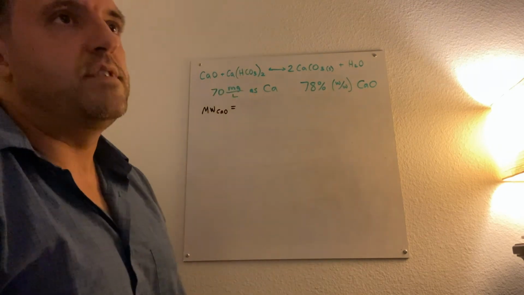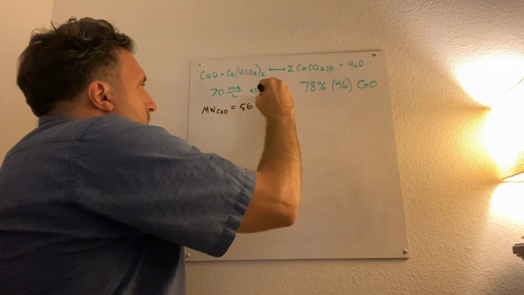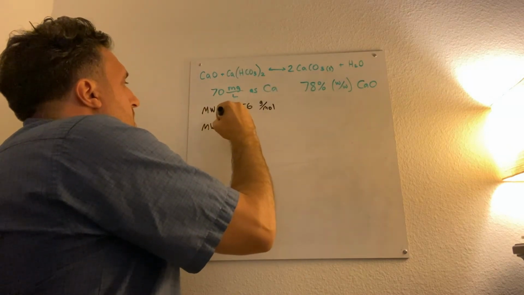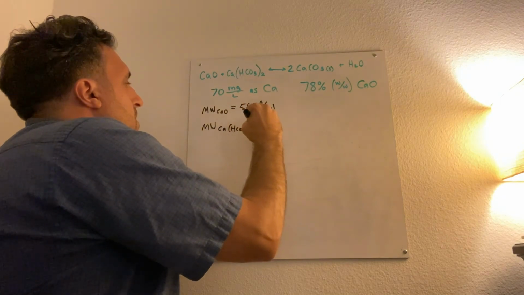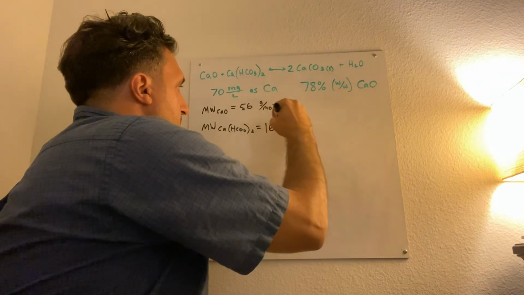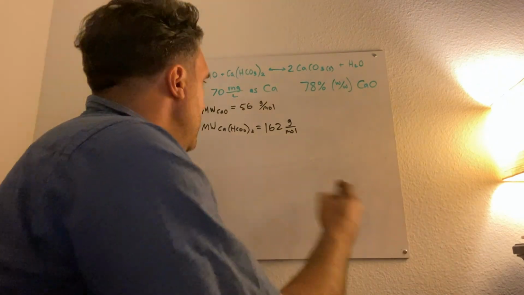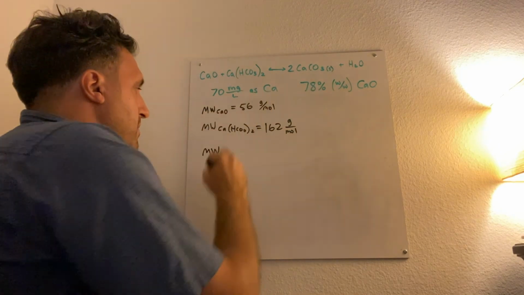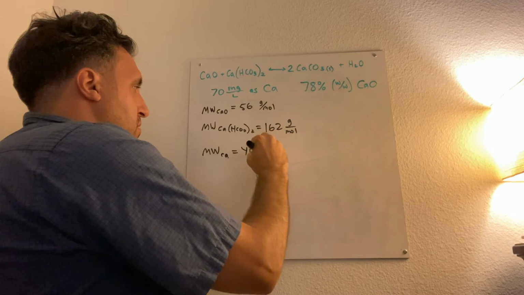So the molecular weight of CaO is 56 grams per mole. And the molecular weight of calcium bicarbonate is 162 grams per mole. However, we're given the mass as calcium, so the molecular weight of calcium is equal to 40 grams per mole.